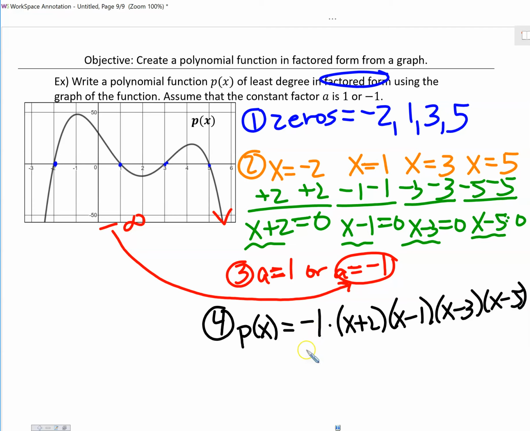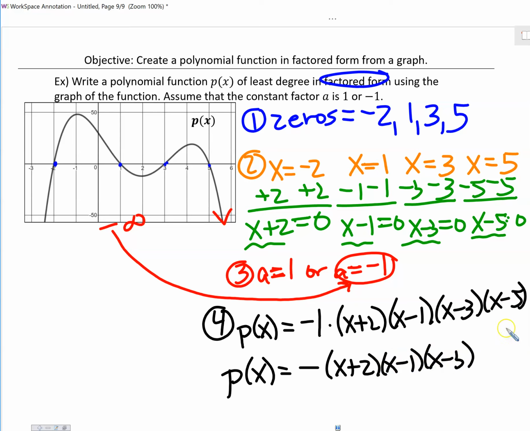And the -1 really just gets simplified to a negative. So what my function would look like in its simplest form would simply be p of x equals negative, and then my binomial factors all listed in whatever order I had chosen. Like so.